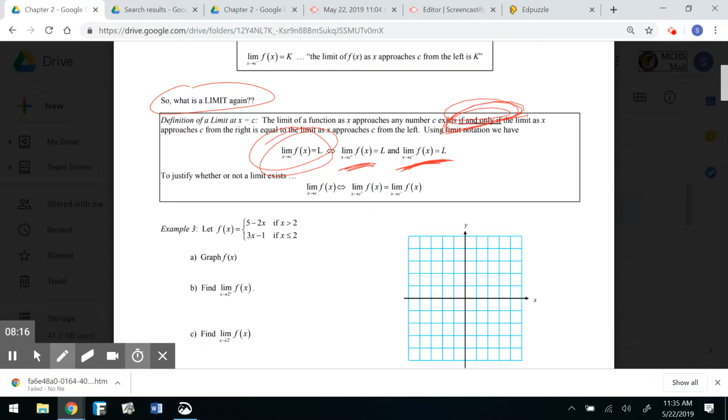Then, if they're the same exact answer, L and L, we can say the limit as x approaches c is L. A fancy way, right? This bad boy means IFF in math terms, if and only if. So it has to be the same from the left and from the right-hand side for us to say the limit exists at that value. Got to be the same.